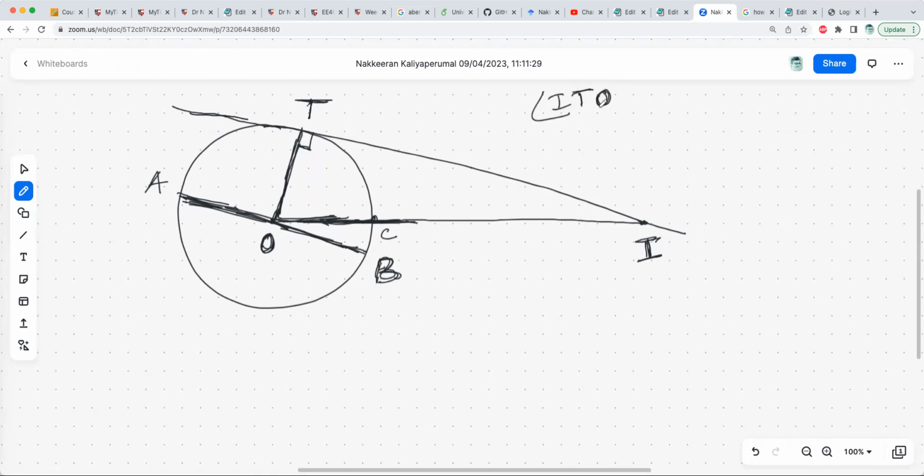Okay, angle ITO is equal to angle AOT, and also angle ITO and angle BOT. They should add up to 180. So add this angle.